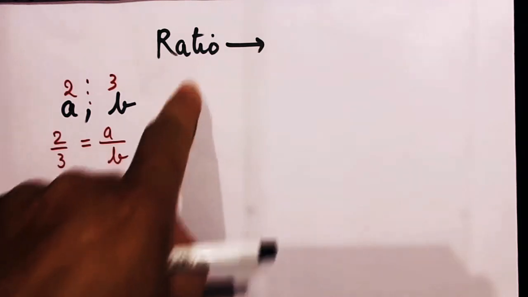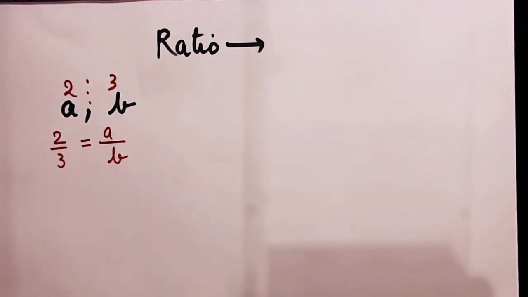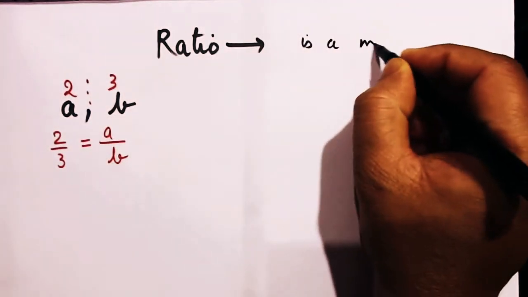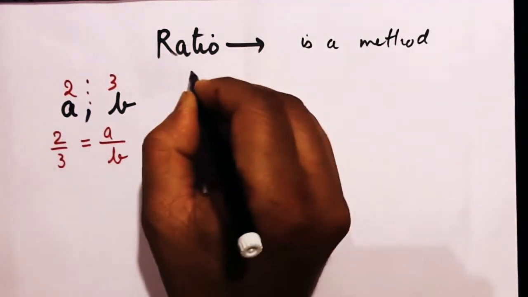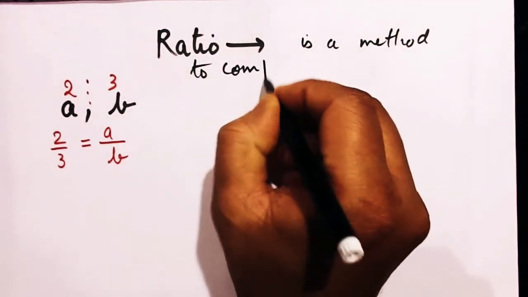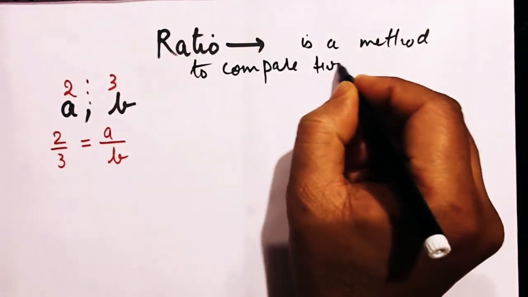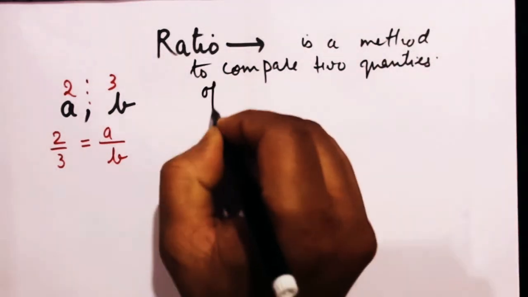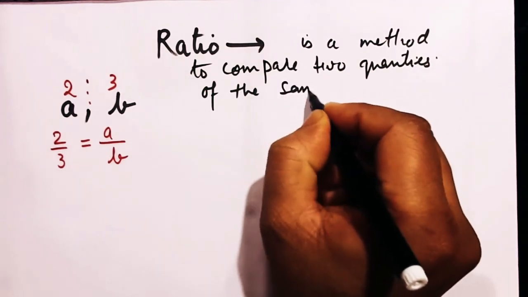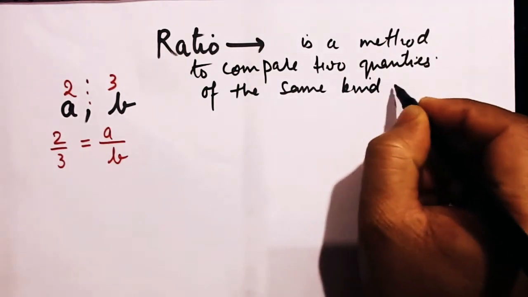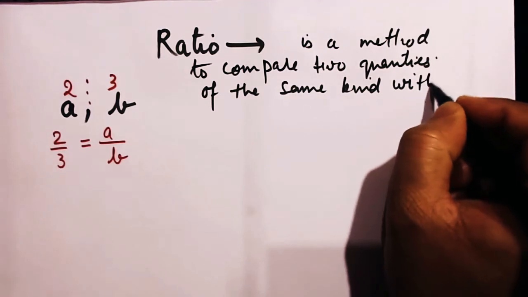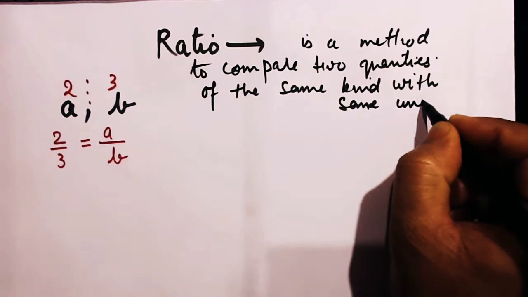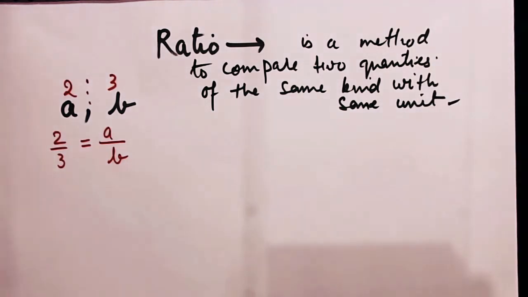Now what was ratio? Ratio was a method to compare two quantities of the same kind with the same unit. The unit was the same.